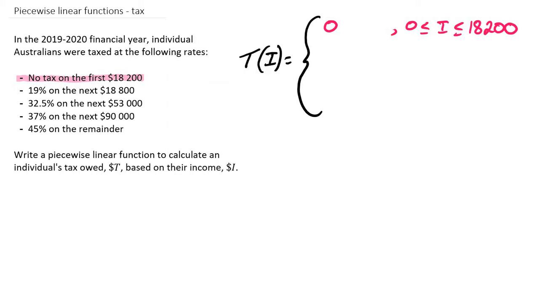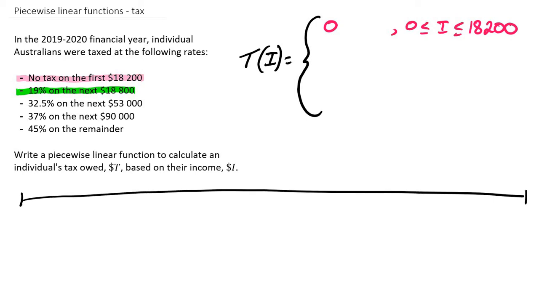Okay, so now it says 19% on the next 18,800. If we model this income using a diagram, none of this will be to scale, by the way, from 0 to 18,200 we are paying 0 tax, nothing.